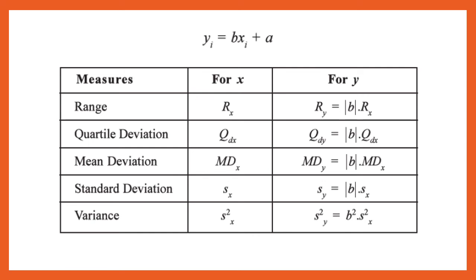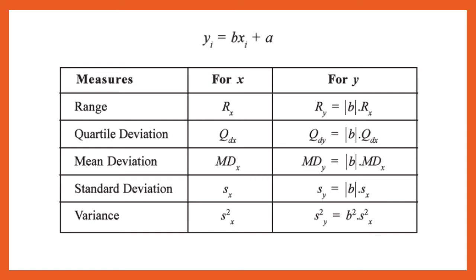If we have the range of x with us, to calculate the range of y we have to multiply the modulus value of b with the range of x. For all the measures of dispersion the same thing is done. If we have the quartile deviation of x, to calculate the quartile deviation of y, the modulus value of b is multiplied with the quartile deviation of x.